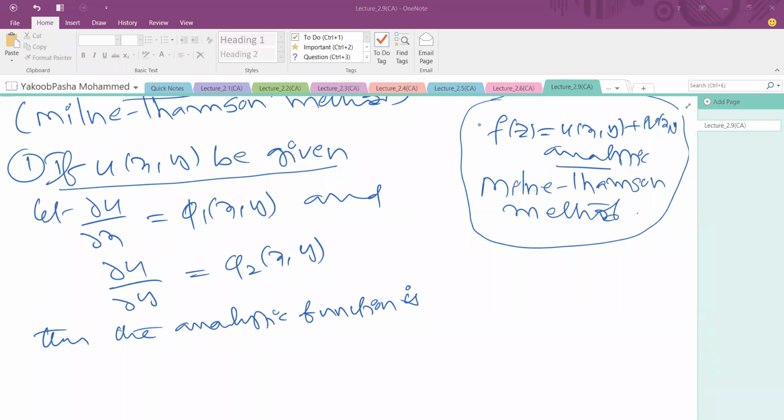Now u of x comma y is given, that means the real part is given. When the real part is given, we find dou u by dou x and take it as phi1 of x comma y, and find dou u by dou y and take it as phi2 of x comma y.